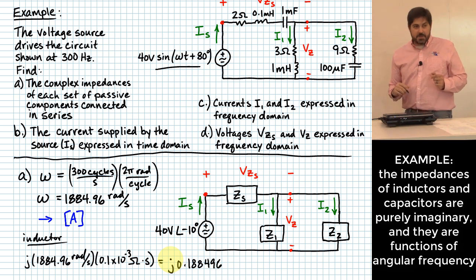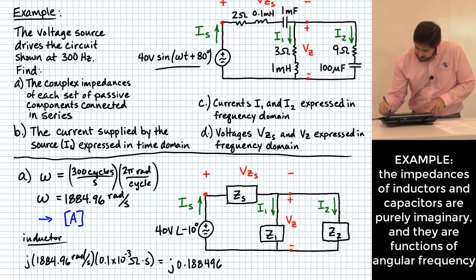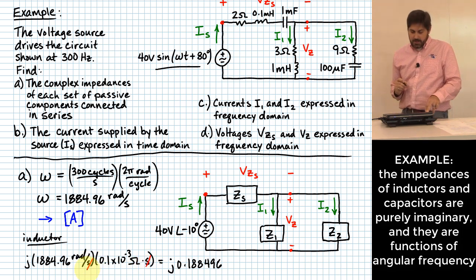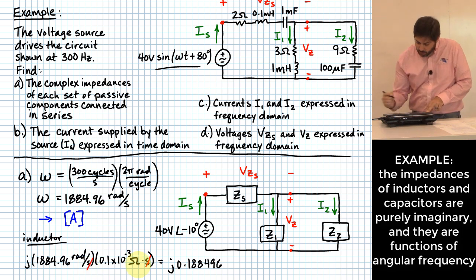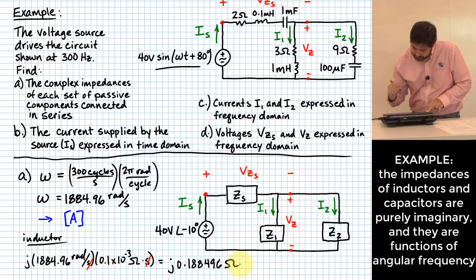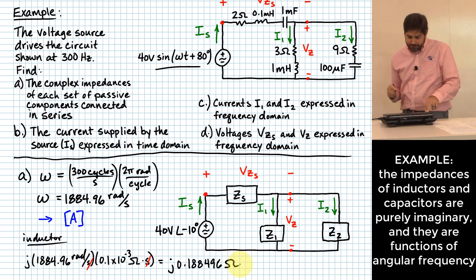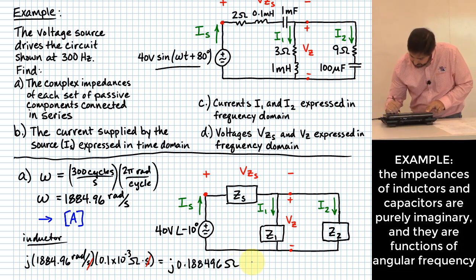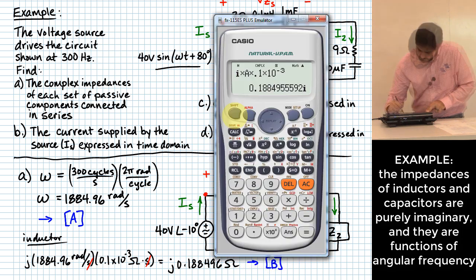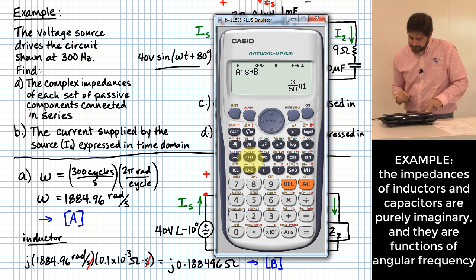And then I missed something else too. What else should I have on there? You'll notice here that the seconds divided out. Radians is technically unitless, so I just have ohms left. Okay? And what I'm going to do with that is store that for now into variable B.